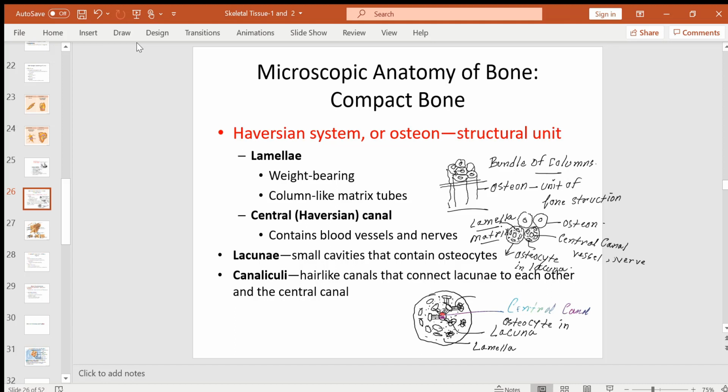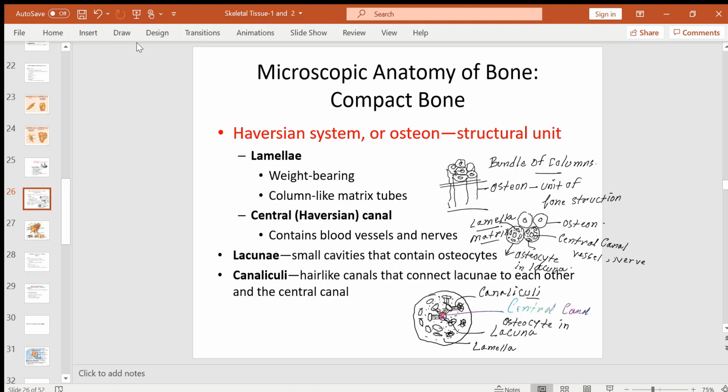So these fine channels are called canaliculi. So that is the microscopic structure of the compact bone.